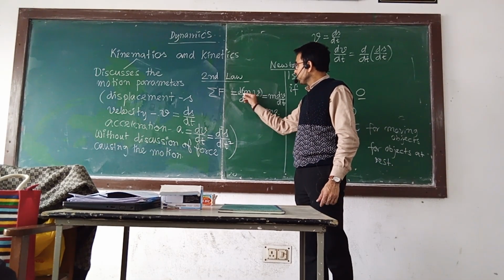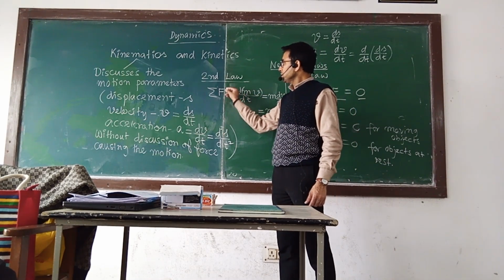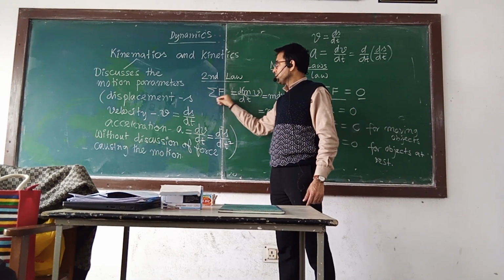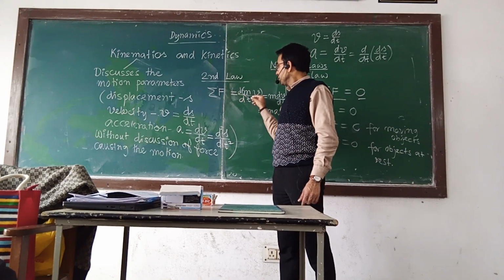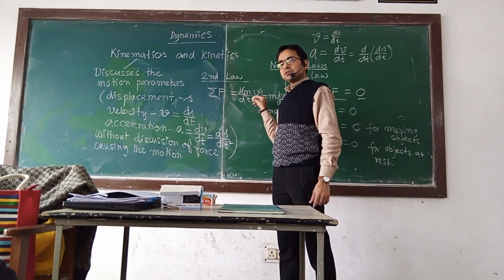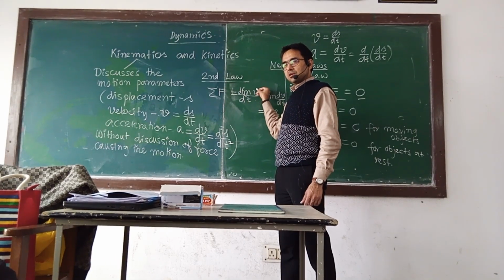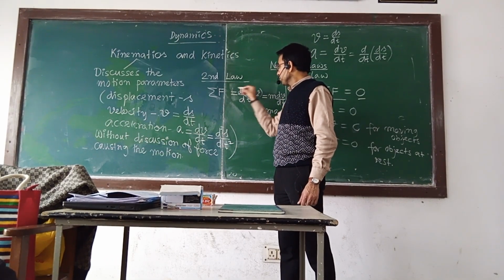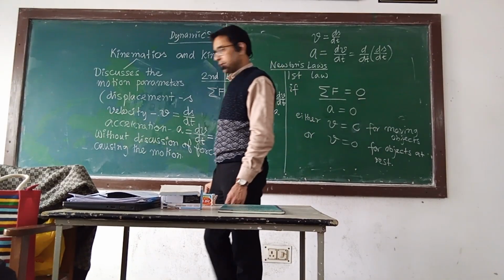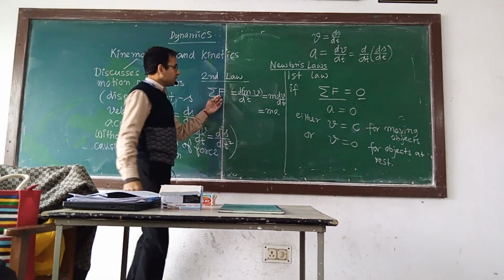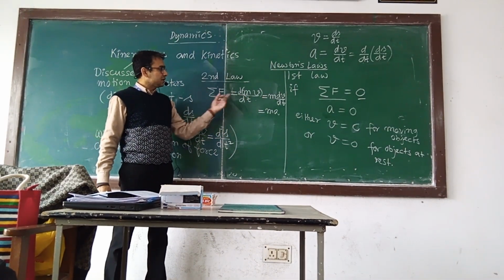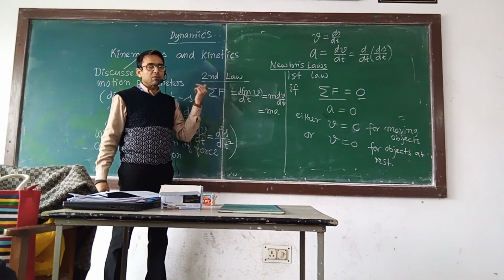Rate of change of linear momentum is proportional to the applied resultant force, and they will act in the same direction because this is a vector. So this vector and this vector, if they are equal, then their directions are the same. Right? If it is only one dimension, then you can write in terms of components.